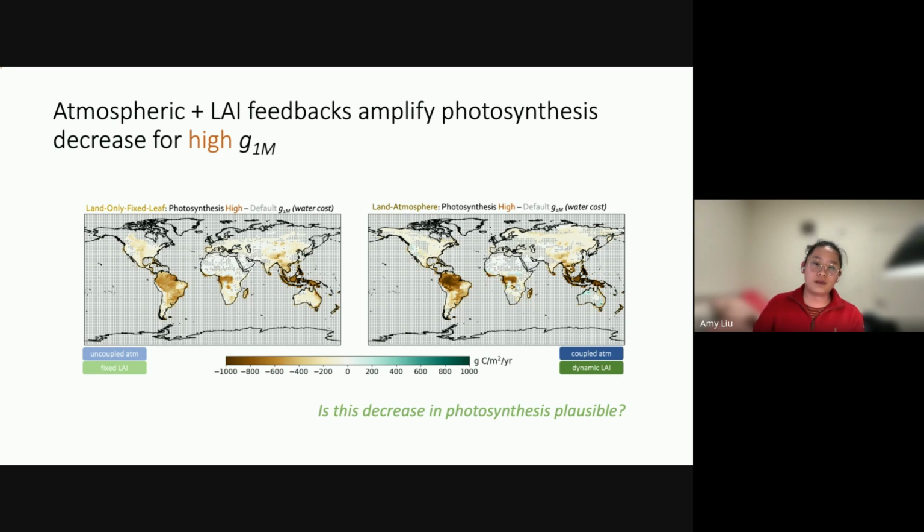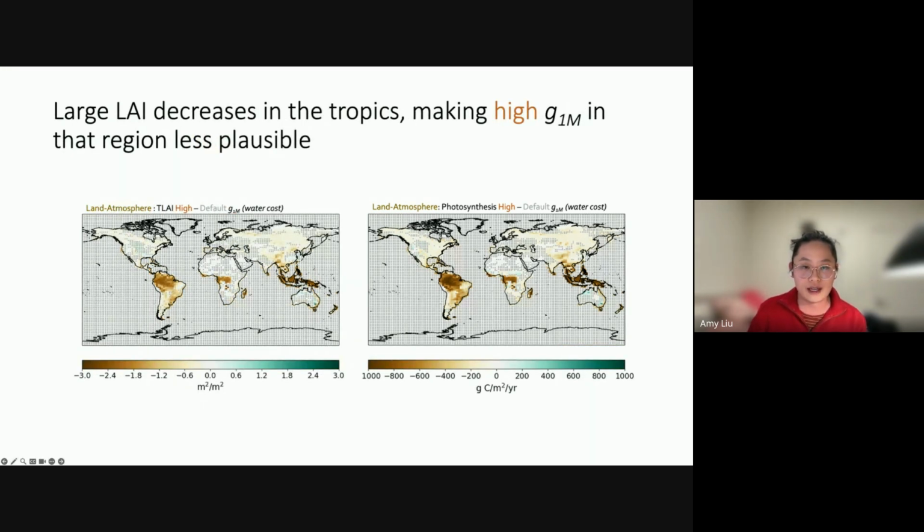But then I want to pose the question of whether this decrease in photosynthesis is plausible, because these are rather large decreases in photosynthesis that we see, on a scale of 1,000 grams of carbon per meter squared per year. And if we take a look at the change in LAI for the simulation with atmospheric and LA feedbacks, we can see that there are really large LAI decreases in the tropics.